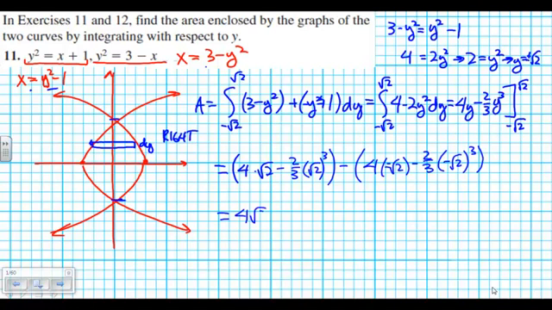4 root 2 from there. Here I've got 2 to the first and 3 halves. 2 to the 3 halves. So 2 to the 3 halves times 2 to the first is 2 to the 7 halves over 3. Let's clean this up a little bit by doing a little distribution.